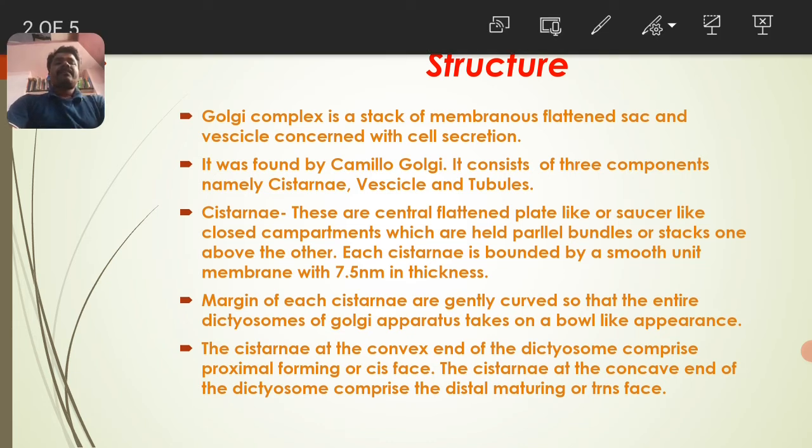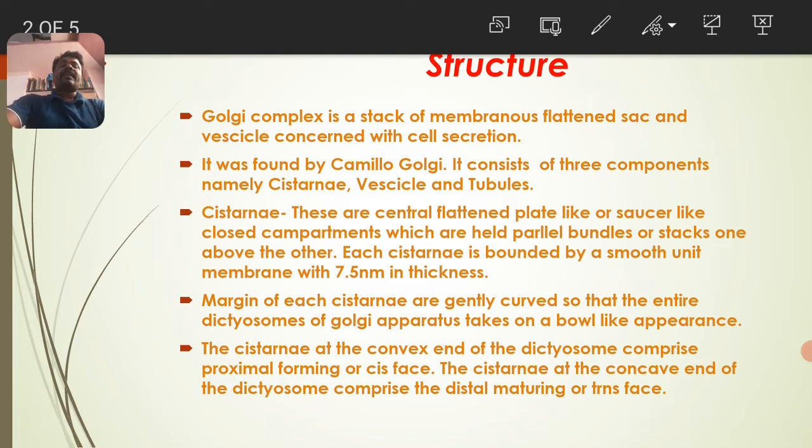The Golgi complex is a stack of membranous flattened sacs and vesicles concerned with cell secretion. It was found by Camillo Golgi, hence the name Golgi complex. It consists of three components, namely cisternae, vesicles, and tubules.